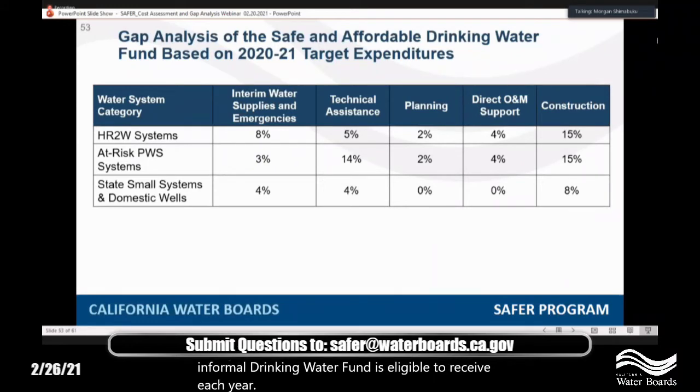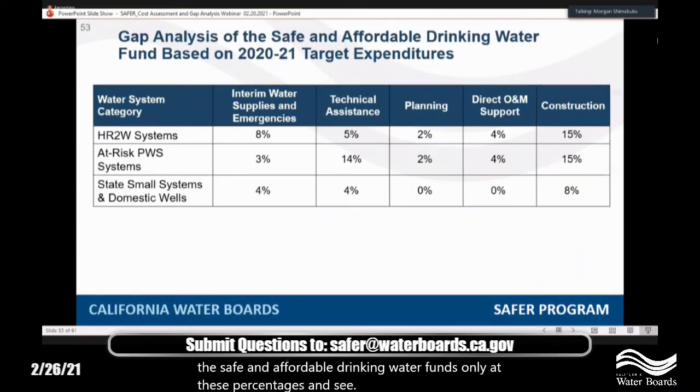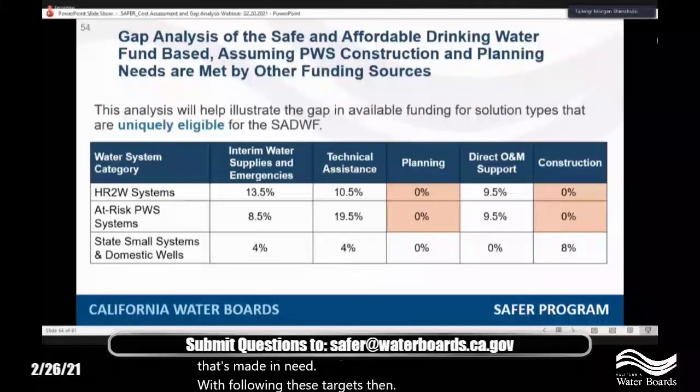And so using these percentages, we will again apply or categorize all of the solutions by the water system category, which you can see, the 3 categories there on the left-hand column, and these 5 different solution types on the top, and apply the Safe and Affordable Drinking Water Funds only at these percentages and see how long it takes to address all of the identified issues, or all the identified solutions, I should say, the estimated need, with following these targets. Then go to the next slide.